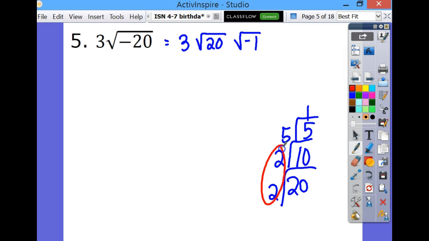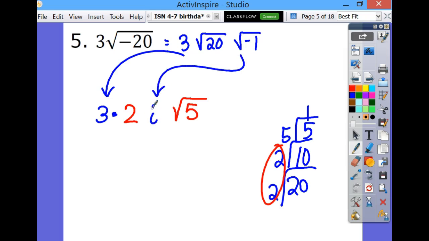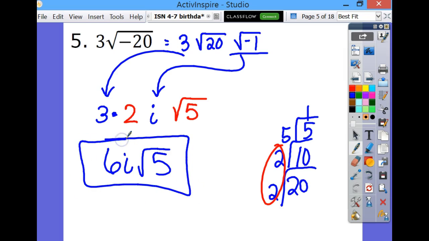The reason I do the birthday cake is to find the pairs. There's a pair of 2s, and there's a 5 left over. There is also a 3 out in front. There is also an I that represents the square root of negative 1. So, 3 times 2 is 6i square roots of 5.